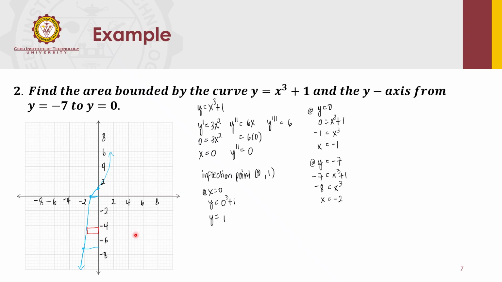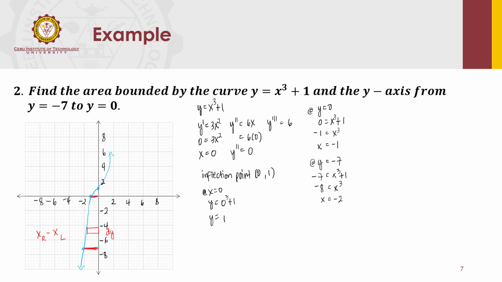All right, so let me change the color. So it's going to be here and here for our limits later. And then since we have a horizontal strip, the length would be x sub r minus x sub l, and then the thickness would be dy.